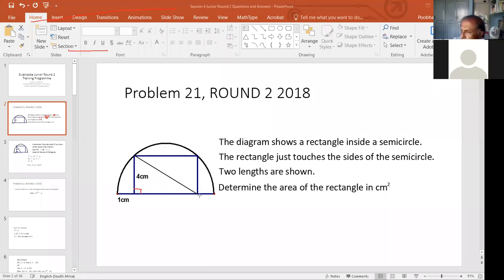The center of the circle will be halfway in between here. Let's identify the center. And we have not only this triangle, but we also have another one, which is joined from here to the center. Let's do that. We join this to the center here. Okay. In that case, we have a radius.